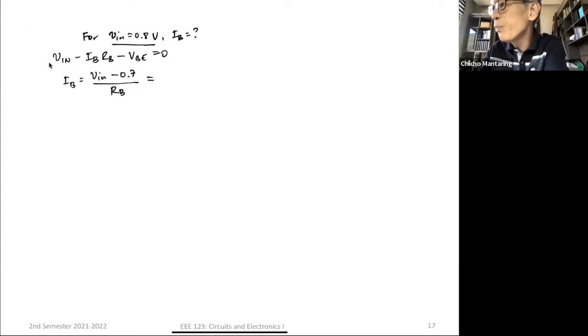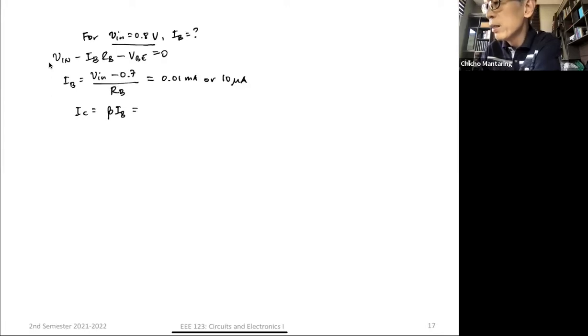I'm going to get IB equal to 0.01 mA, or if we use engineering notation, this is 10 microamperes. IC is going to be equal to beta IB. Beta is equal to 100. So this is going to be 100 times 0.01 mA, or 1 mA.